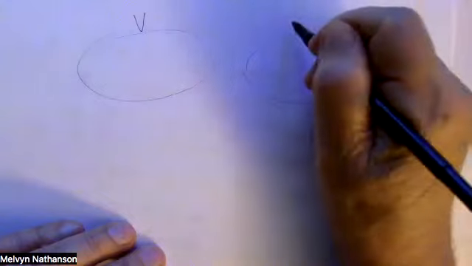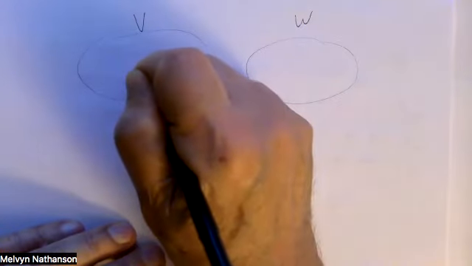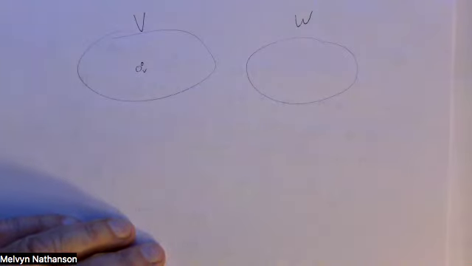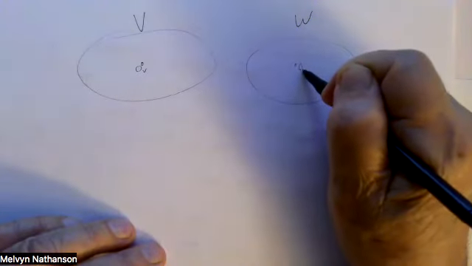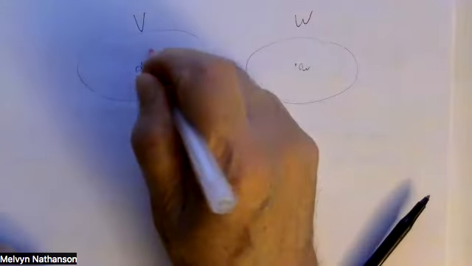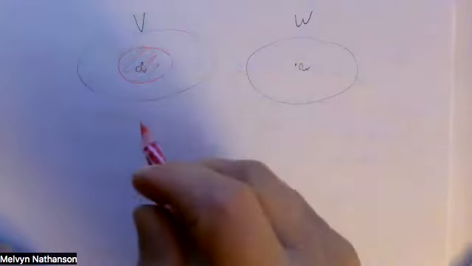So let's again look at this picture. I like this picture. Here's V, here's W. Here is the zero vector in V. Here is the zero vector in W. Now, sitting inside of V is the kernel.